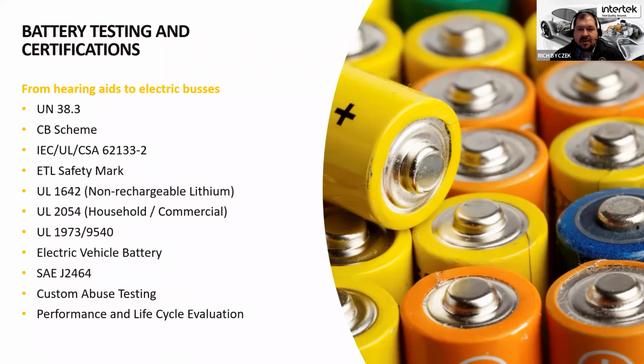And then in North America, NRTL, or Nationally Recognized Testing Laboratory testing, where Intertek, we issue our ETL mark for North American markets. Core standards there, 62133-2 for your smaller portable battery systems, the UL legacy standard 1642, 2054, and then in larger systems like we're talking about mostly today, UL 1973, 9540, and their IEC corollaries.